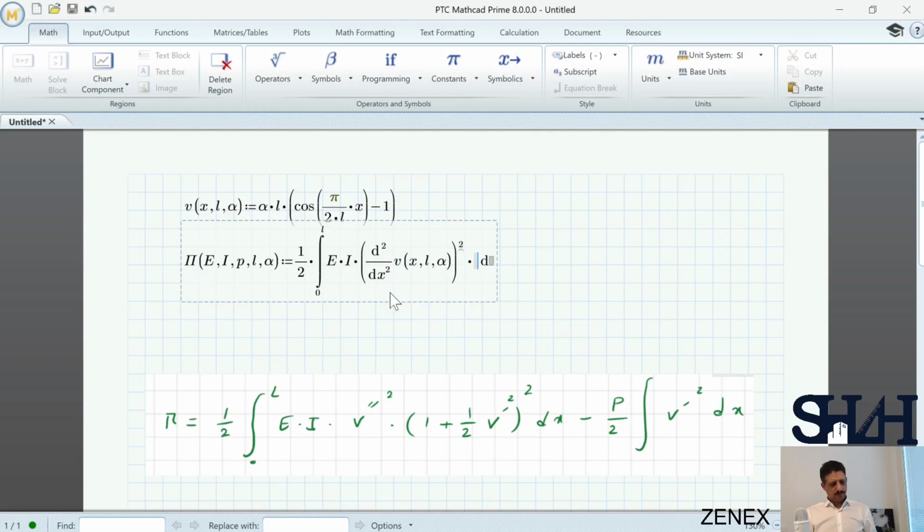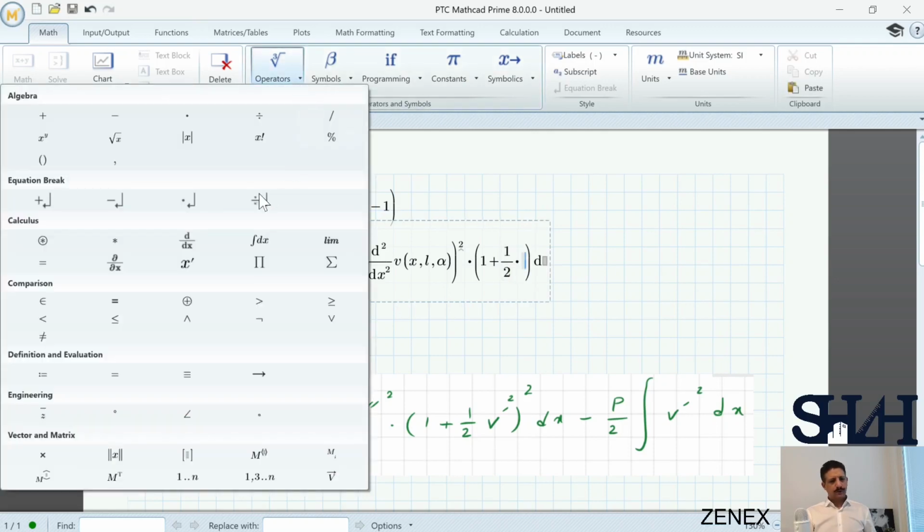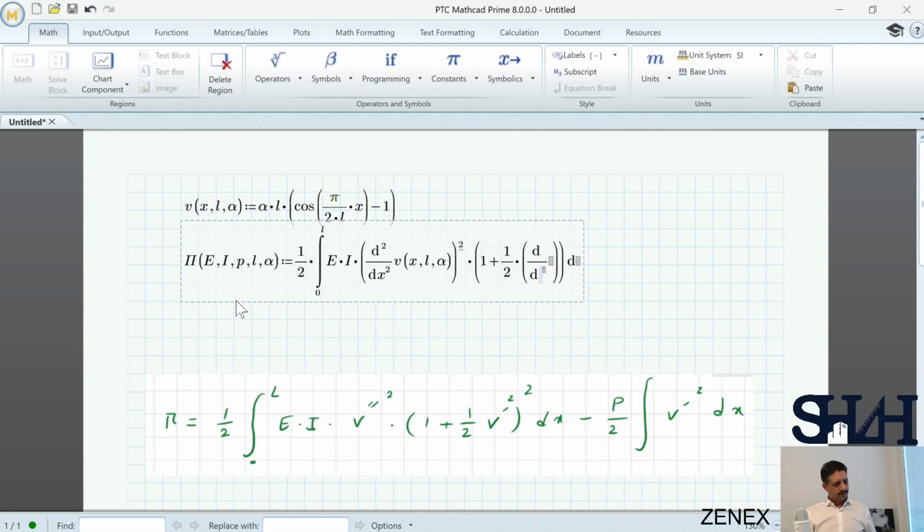times 1 plus 1 over 2 times the first derivative of the same function, power by 2 and power by 2.